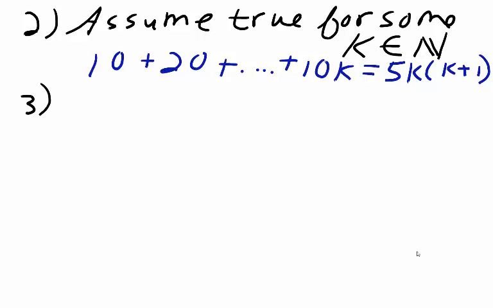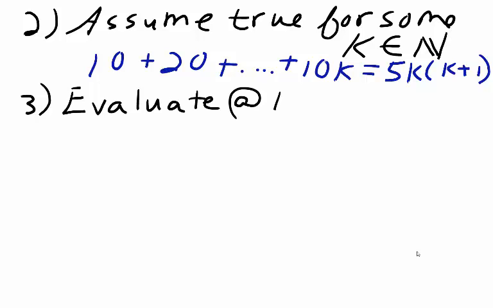Moving on to step 3. We evaluate the statement at k plus 1. And here is where we need to be careful. On the left-hand side, we begin by writing our initial left-hand expression.